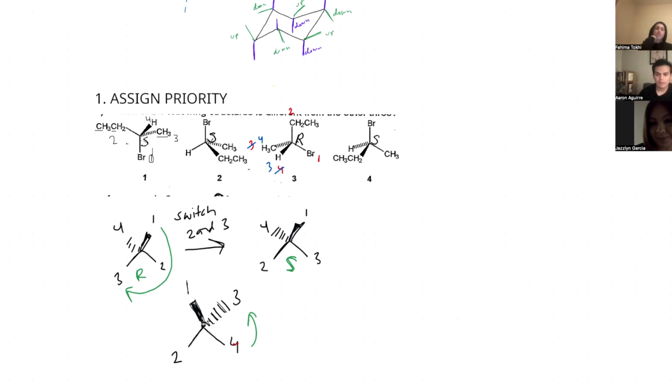So now I do my counting. Okay, I swapped it, and it looks like it is going counterclockwise. It looks like it's S. So it used to be R, which is what it is right there. Got it. Okay. So it's what it used to be.